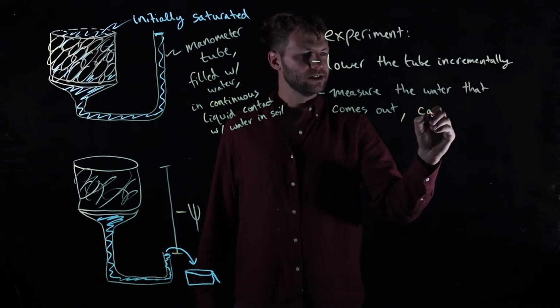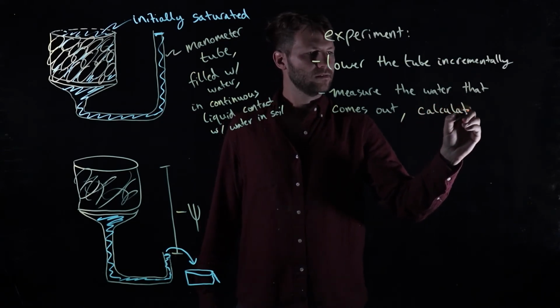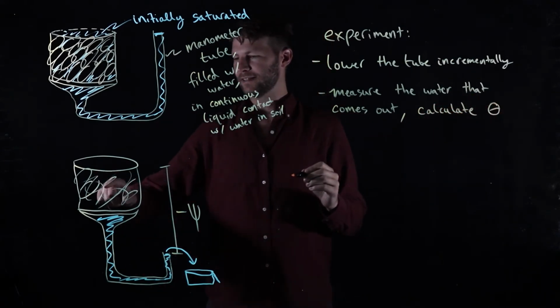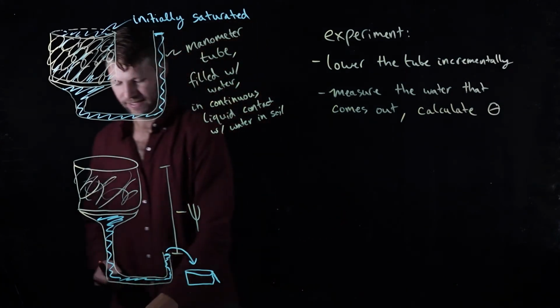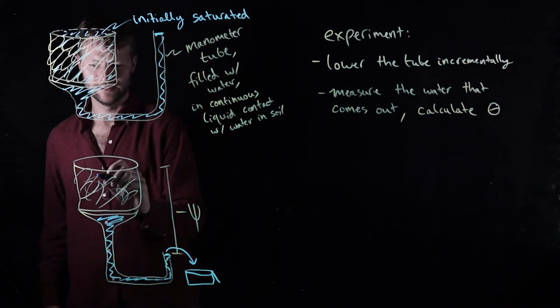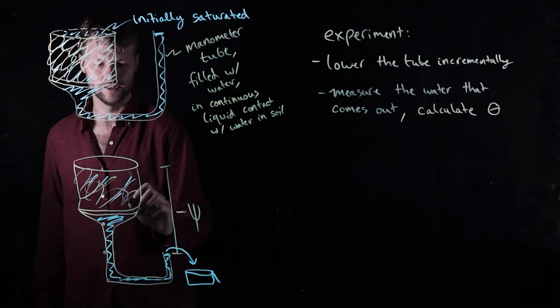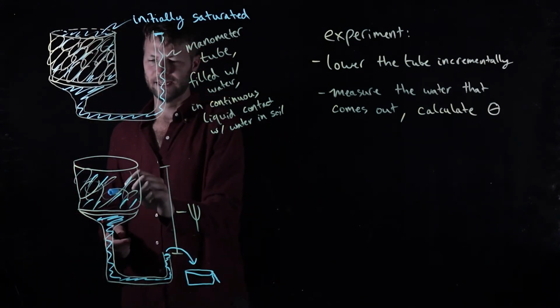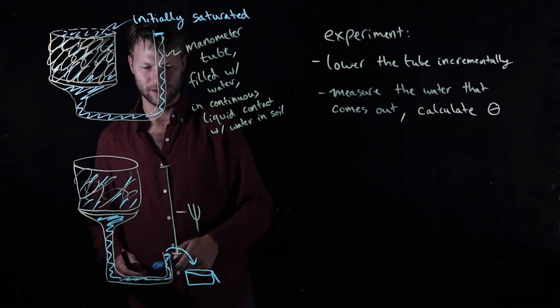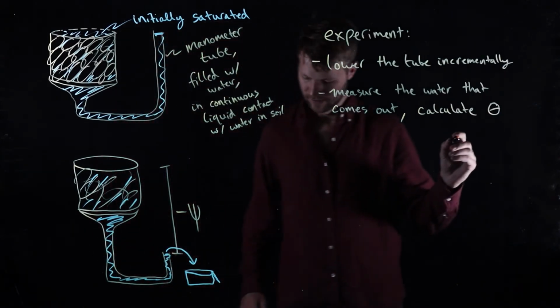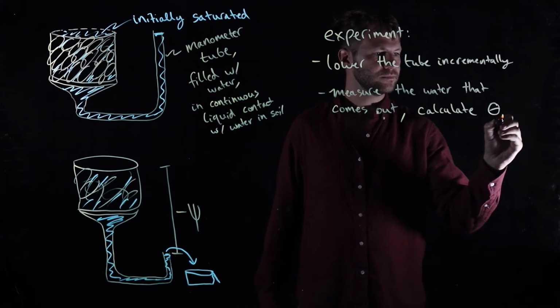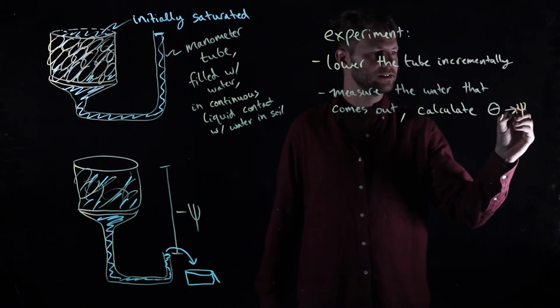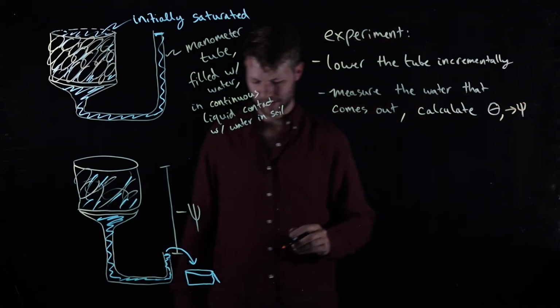And we want to calculate the volumetric water content that remains here in the sample as we start to desaturate the sample. So there's still water in here, but there's air that's entering in here as we're draining this. And we want to also be calculating and relating this to the water potential here.